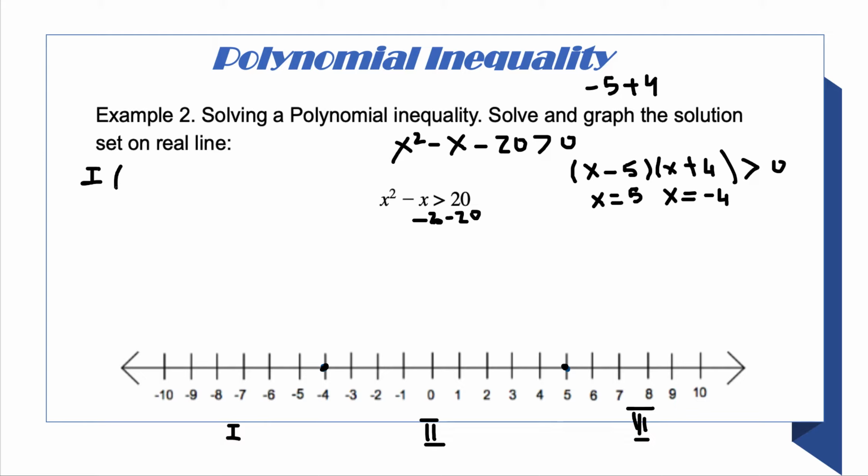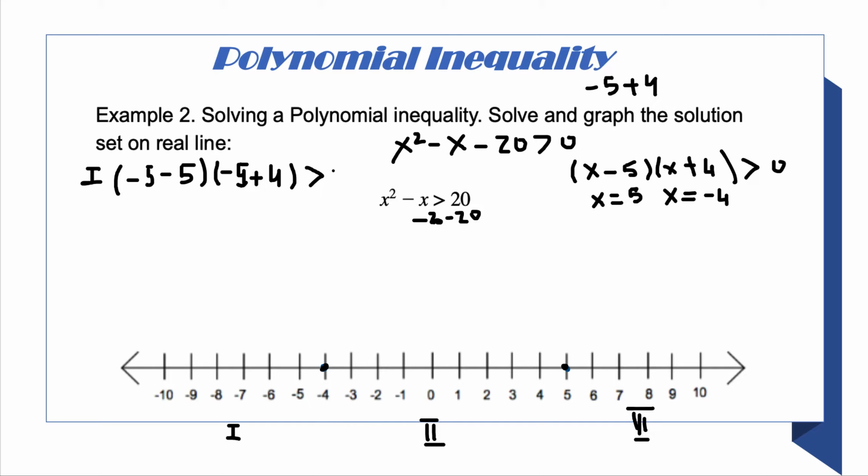I'm taking minus 5. Instead of the x, I'm plugging in minus 5, so whenever it's x, I'm plugging in minus 5, so it's much easier. It's minus 5 minus 5 times minus 5 plus 4, and this should be greater than 0.